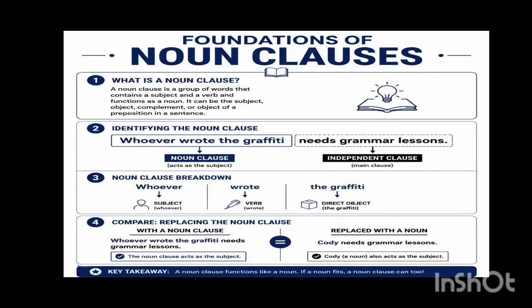If the clause can be replaced by a single noun or a noun phrase, it's functioning like a noun. So we can say Cody needs grammar lessons instead of saying whoever wrote the graffiti needs grammar lessons. Okay, so the clause is acting as a noun.